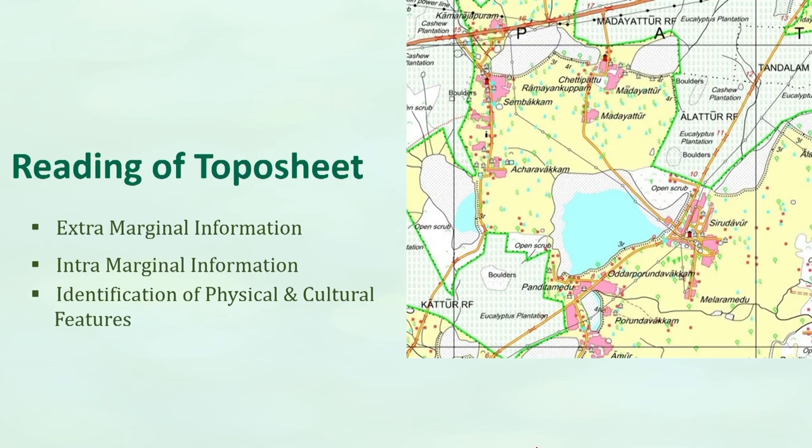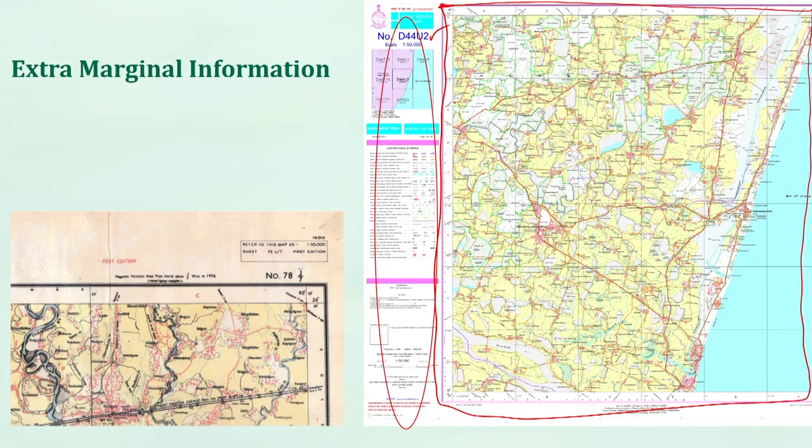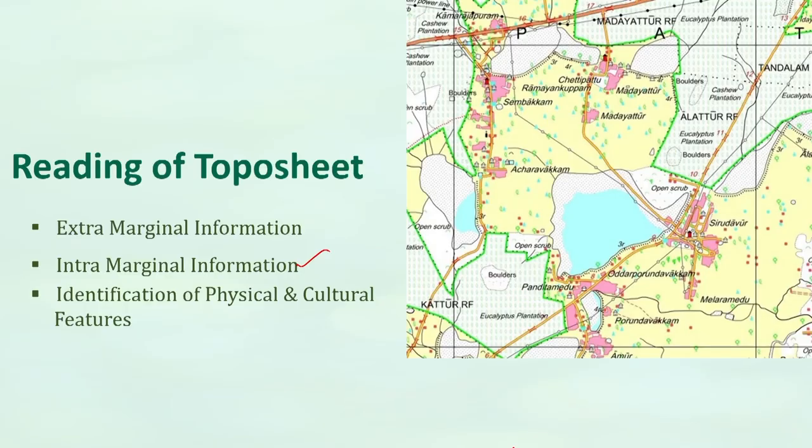Other than that, we will also be learning intra marginal information, meaning within the margin, we will have some grid values and road extensions, contour values, etc. Then within the margin, we will call it inner marginal information, which is full of physical features and man-made features.